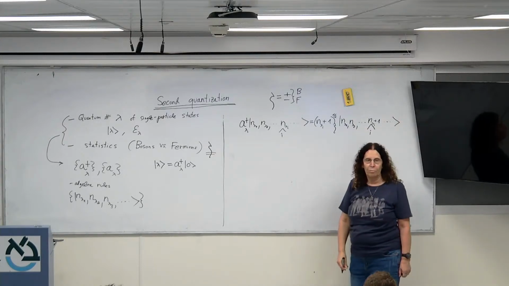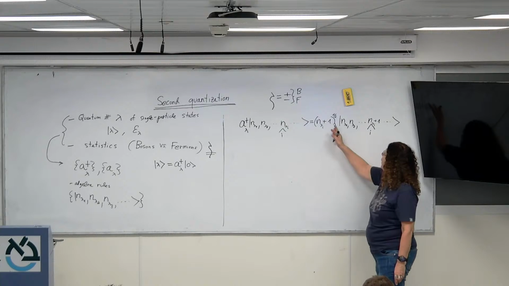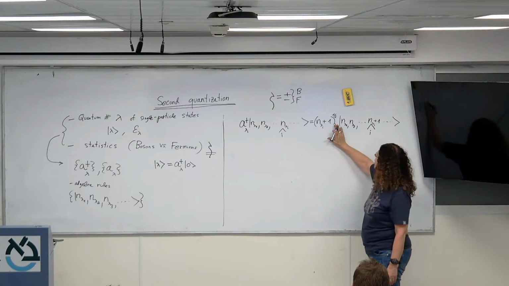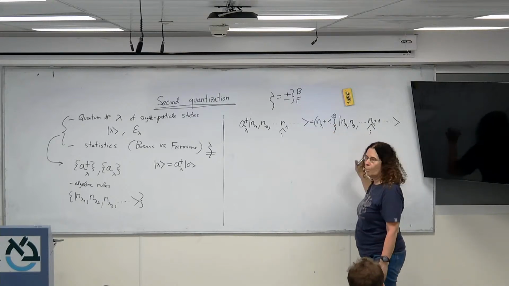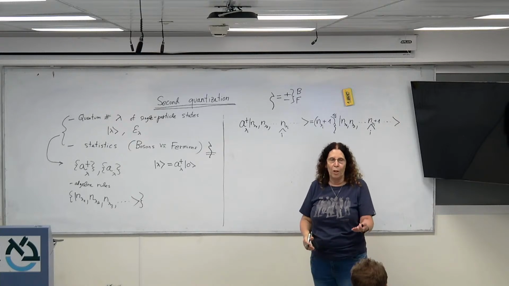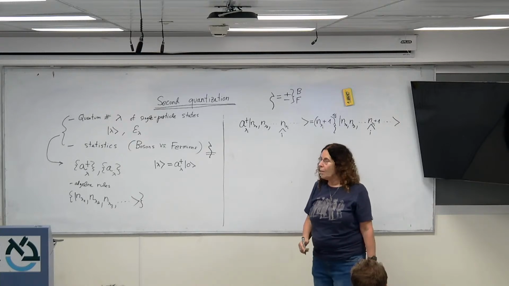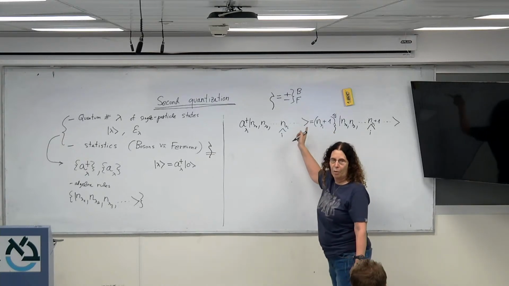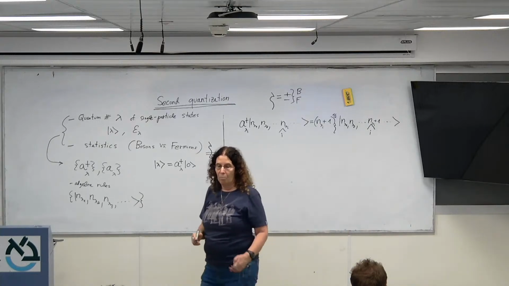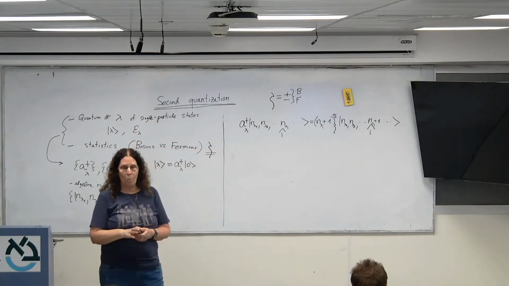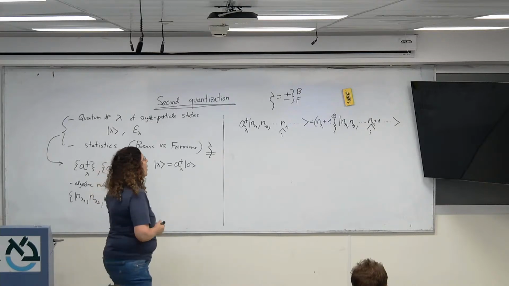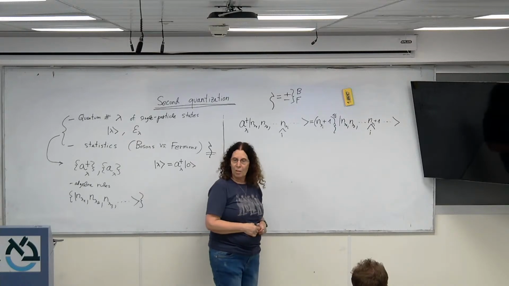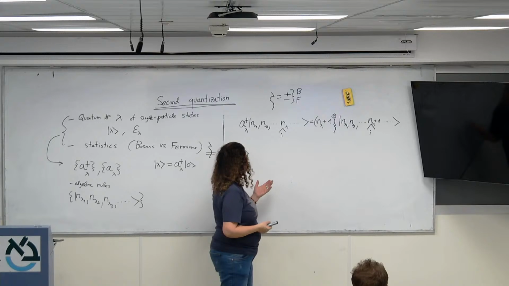Now, if I forgot about this zeta, you can easily recognize that what I wrote here is what you are familiar with from the harmonic oscillator. This is how the creation operator acts, and this square root of n plus 1 is the necessary normalization factor. However, for fermions, it cannot be just that.